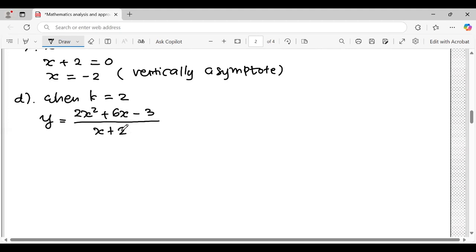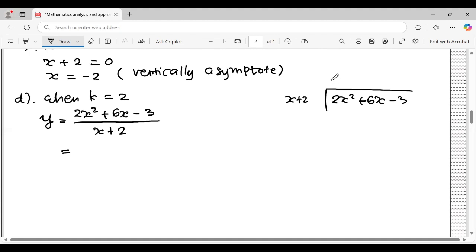Just now it was x plus k, but k equals 2. So this function becomes 2x squared plus 6x minus 3 over x plus 2. Now we will find this division: 2x squared plus 6x divided by x plus 2.